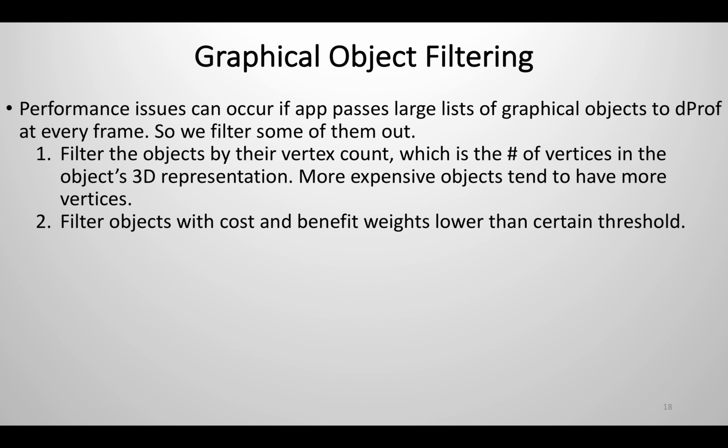The first filter removes some objects that are not meeting certain thresholds. First they remove the objects which don't have a certain vertex count. Vertex count, you can imagine for a game object, as the thing that is made out of geometric shapes, with points and lines connecting to it.